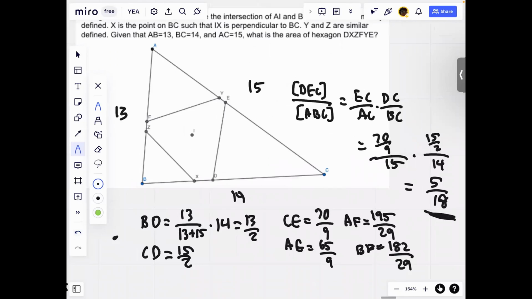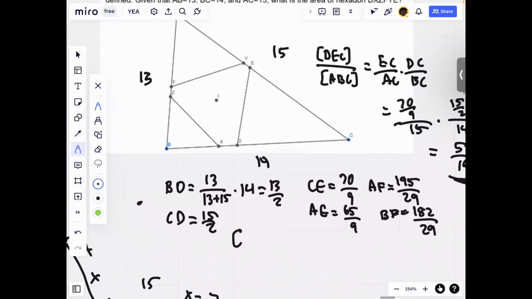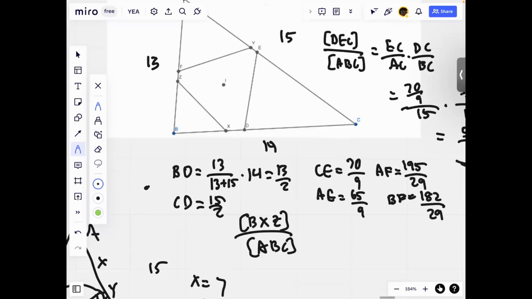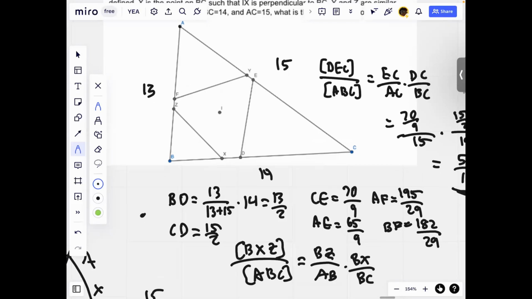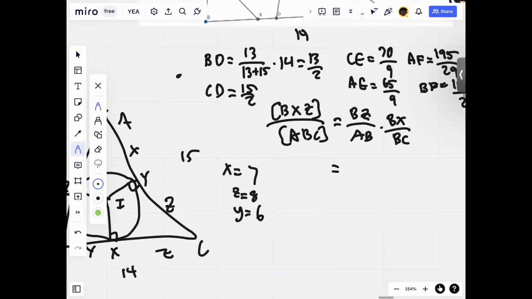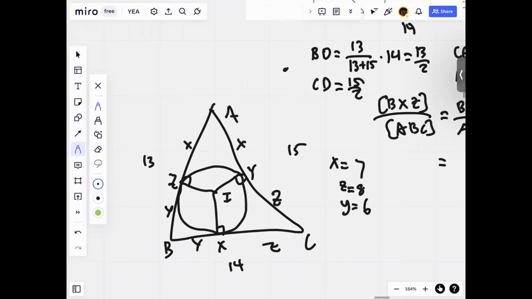So now we want to find BXC over ABC. And this is just equal to BZ over AB times BX over BC. BZ here we know is Y, and Y is equal to 6.